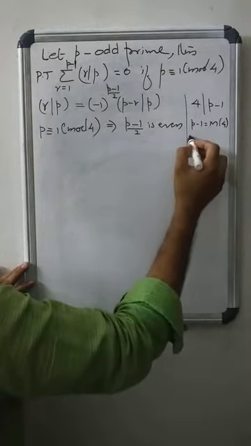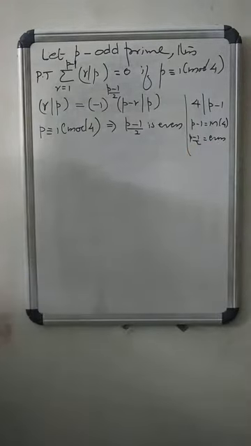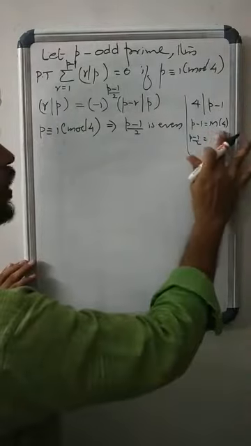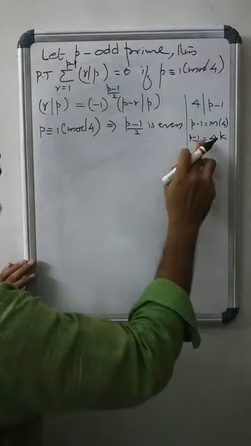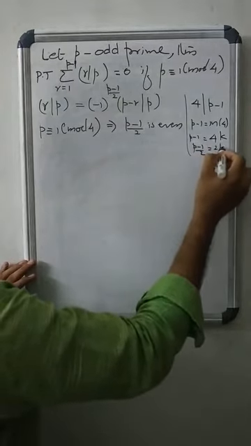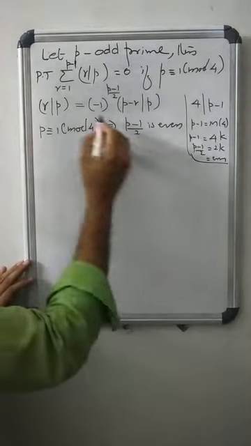So what is (p minus 1) by 2? It is always an even number. Suppose p minus 1 is 4 into k, so (p minus 1) by 2 equals 2k, which means it is even.